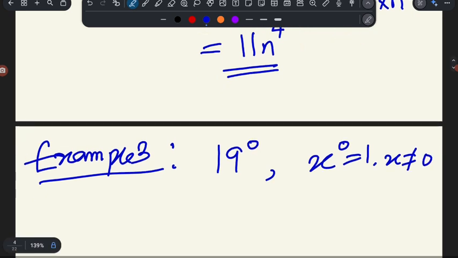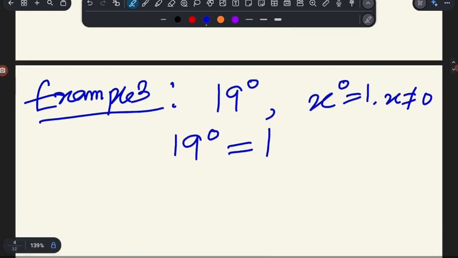So we have 19 raised to the power 0, which is equal to 1. That is the answer. We are still going to be using these little questions when we combine it together. So let's have example 4.